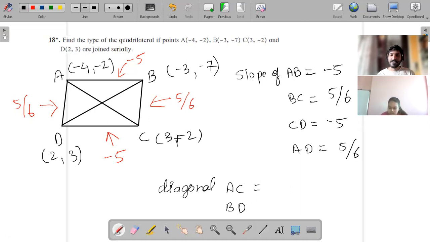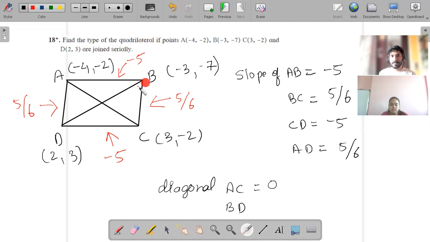Okay, before finding the slope of the diagonals, just look at this. 0 upon 7, that is 0. Look at this now. For AB, you have got the slope -5, and for DC also, you have got the slope -5.